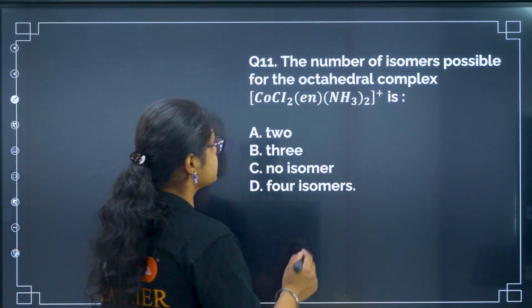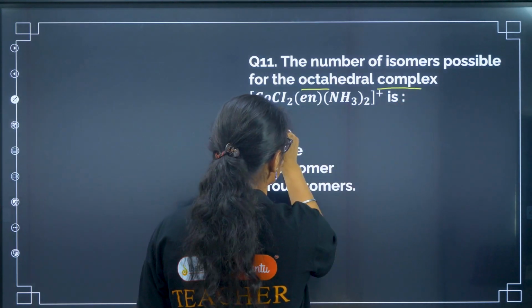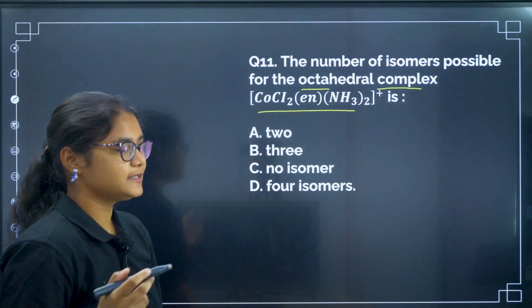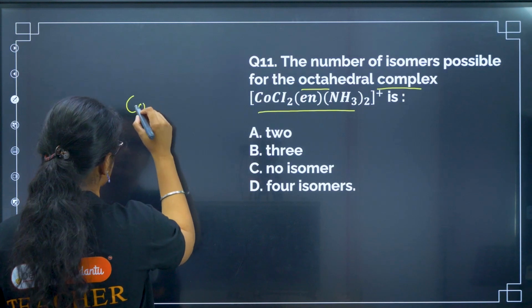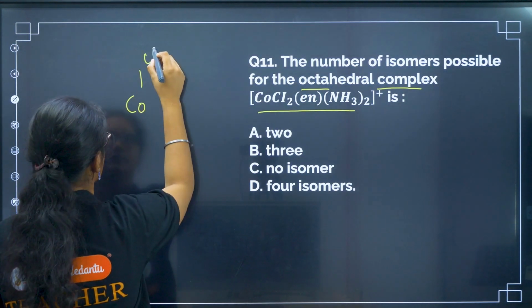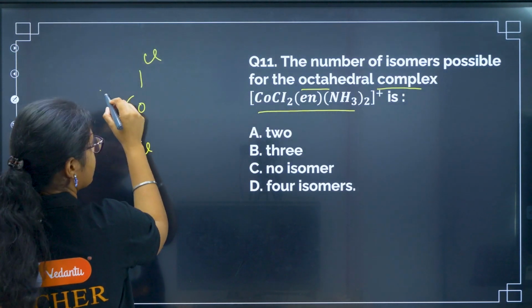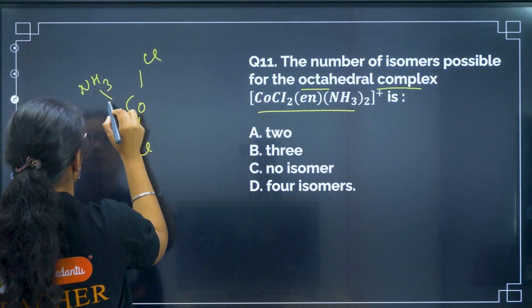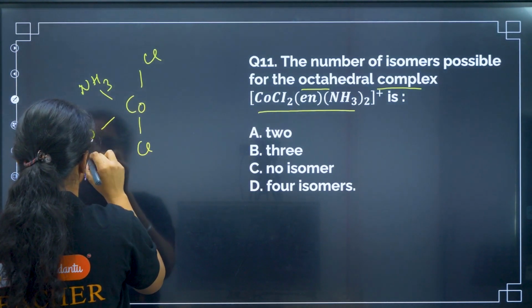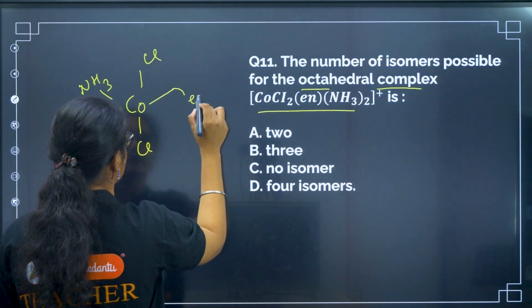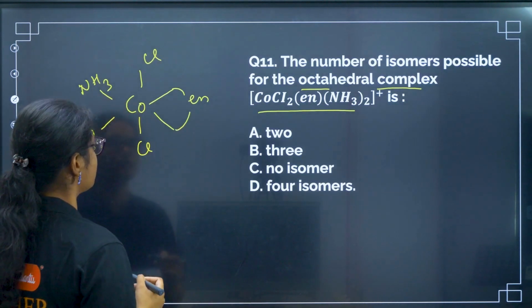The number of isomers possible for the octahedral complex given to you. You can see all the isomers we can draw here. We have Cl, we can draw like this, then NH3, and then we have En here. This is one geometry.